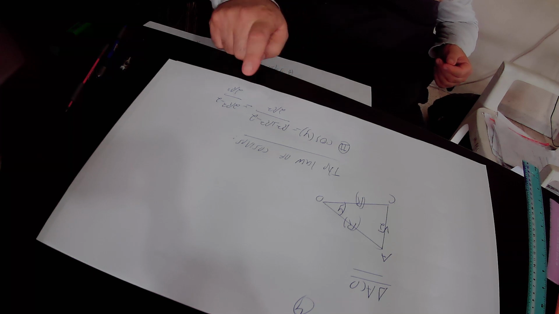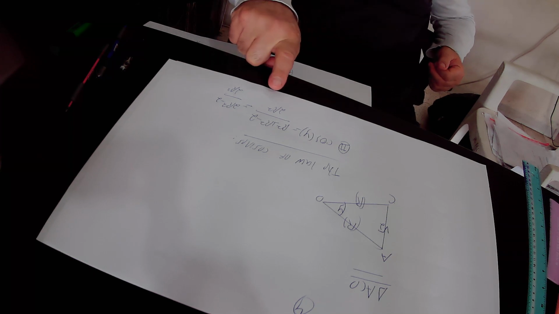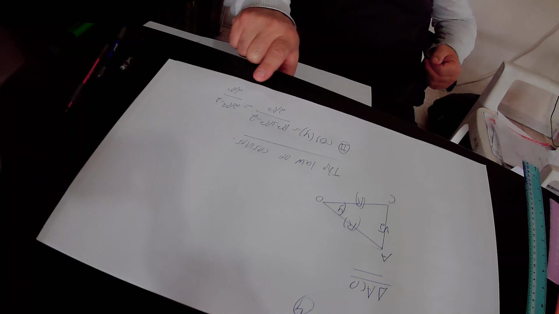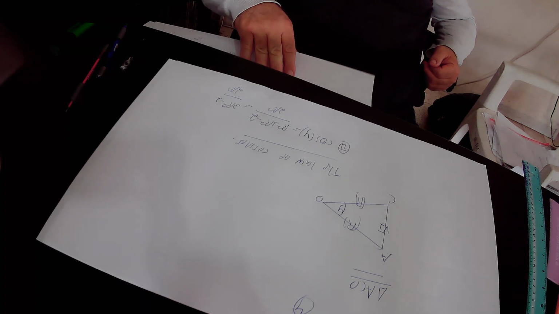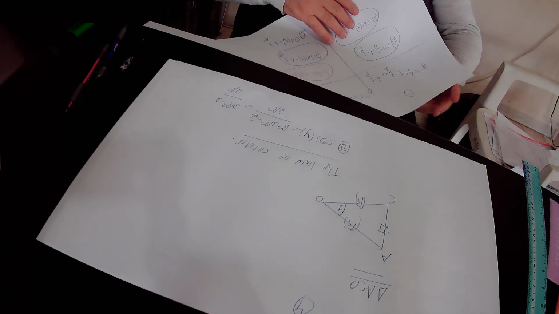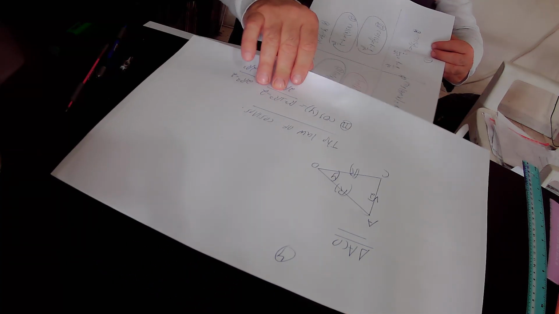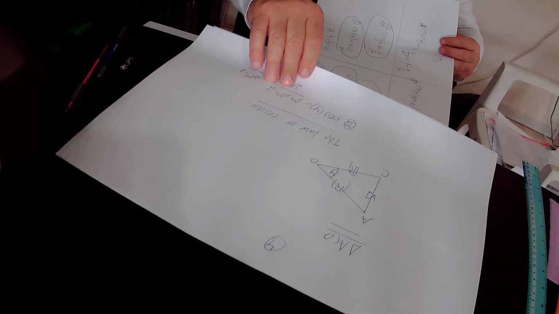R squared plus r squared is 2r squared, so in total, in the numerator of this expression, we have 2r squared minus 2 divided by 2r squared. Again, 2r squared over 2r squared is 1.